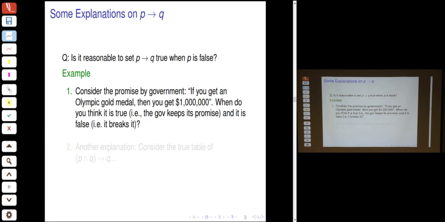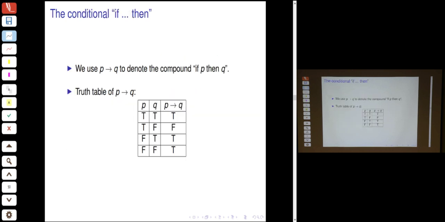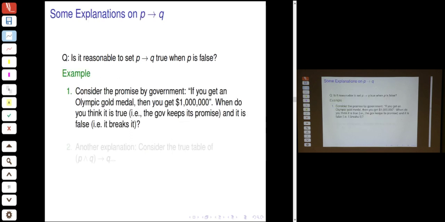What we care about is if you don't get it, right? So the controversial part is when P is false. In the case where you didn't get the Olympic medal, do you think this is true? The government keeps the promise. I think yes, right? If you don't get the Olympic medal, how can you ask the government to give you the $1 million? So if you didn't get it, the government doesn't need to do anything.